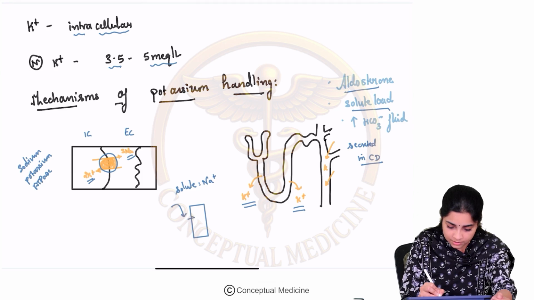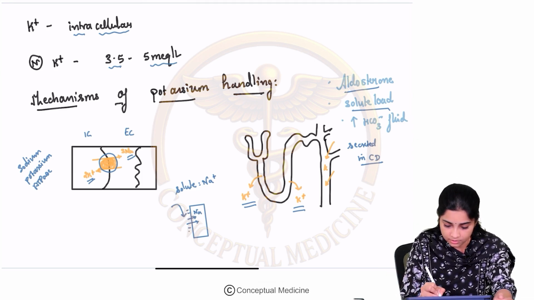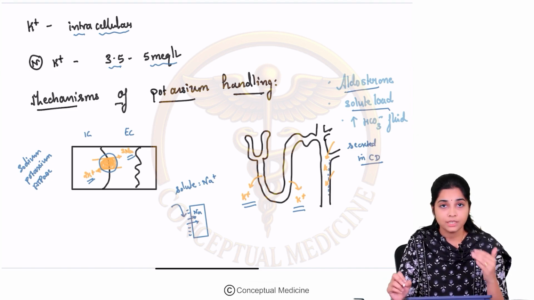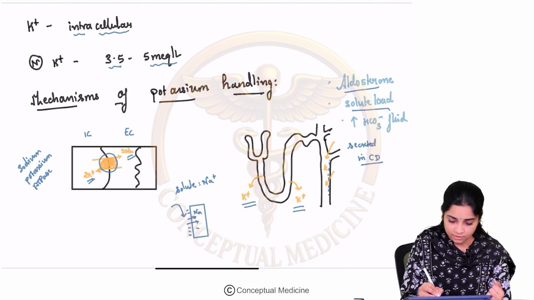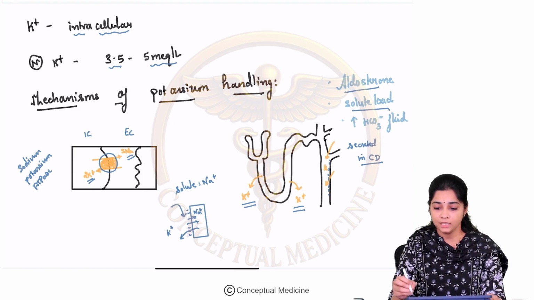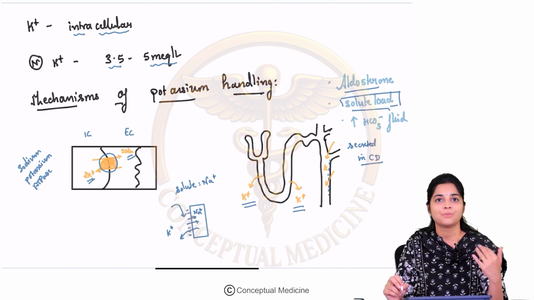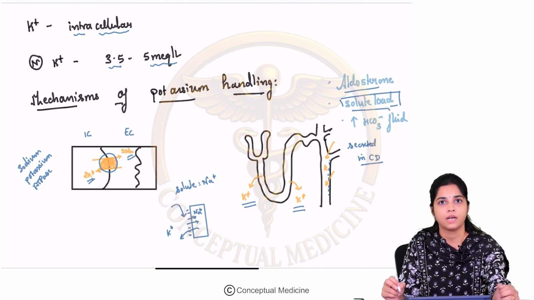If more sodium is coming here, the sodium moves inside the tubule, so the intraluminal part becomes more negative. Now to balance that, the potassium begins to come out. That is the reason why if the solute load or the sodium delivery is higher, then the potassium secretion and removal is higher.